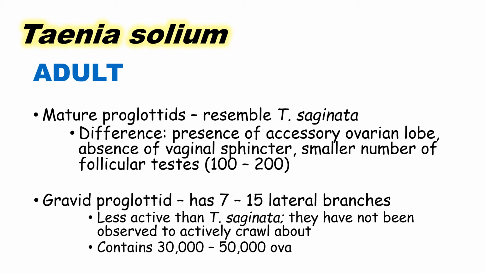For its gravid proglottids, T. solium has only 7 to 15 lateral branches compared to T. saginata, which has 20. So the gravid proglottids of T. solium are less active, or less motile, compared to T. saginata. Okay, but still, T. solium is capable of apolysis, or shedding of segments.